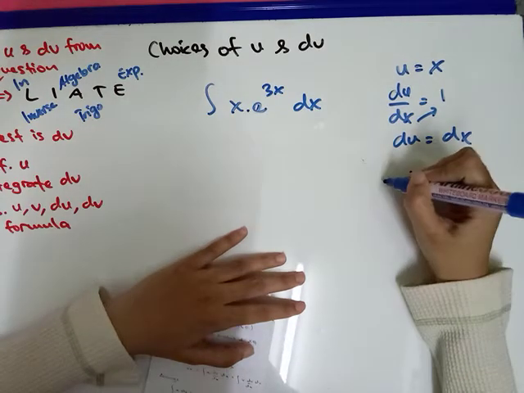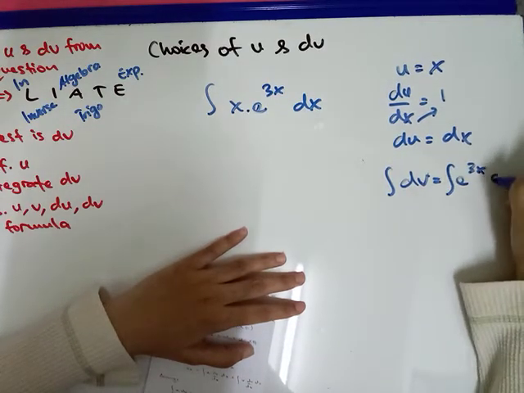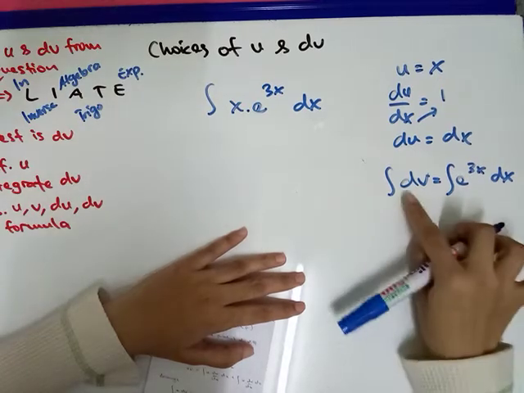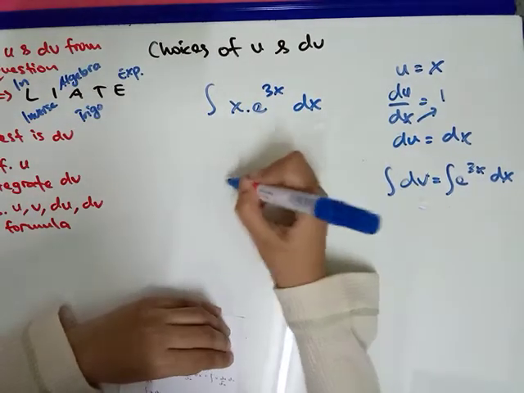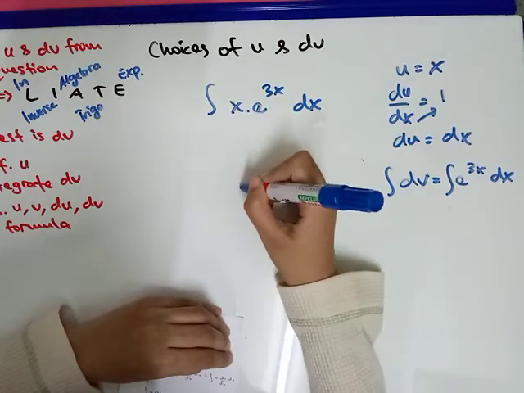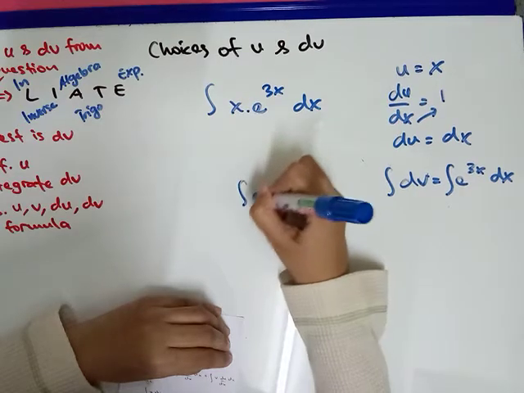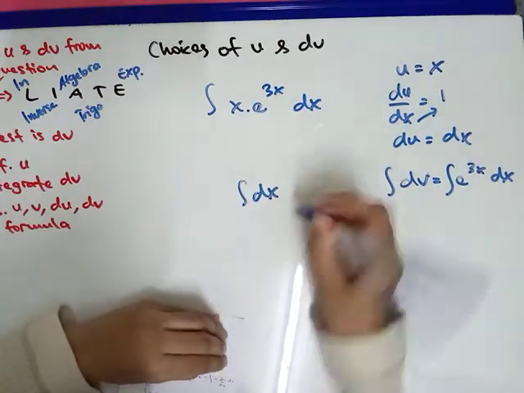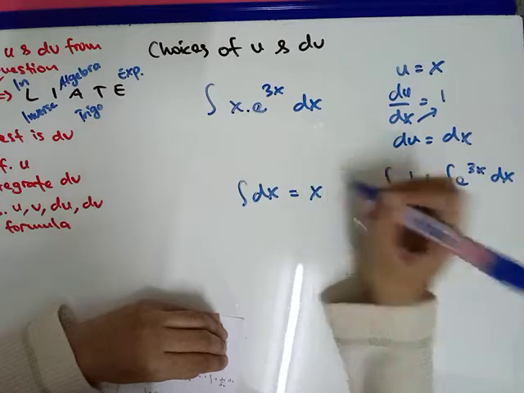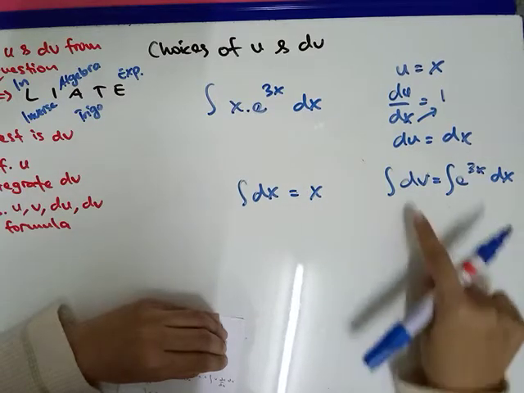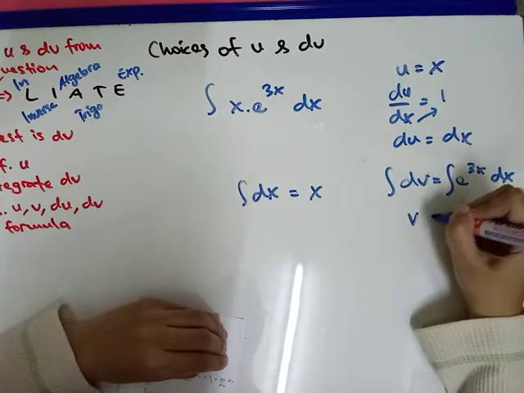Then we need to integrate both sides. Before this I have show you integrate dx, we get x, right? Integrate dv, we get v.